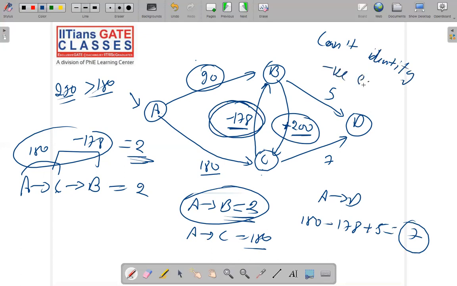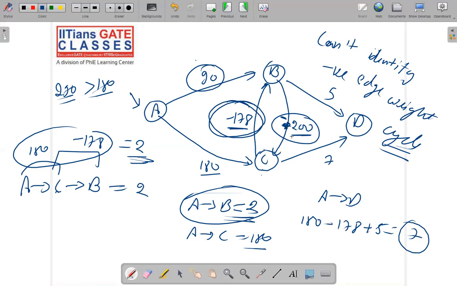So if we have a cycle like C to B, B to C, and both the edge weights are negative, this is an invalid shortest path problem actually.